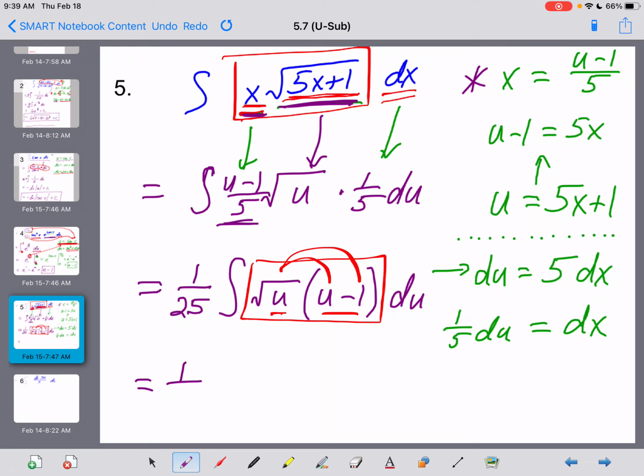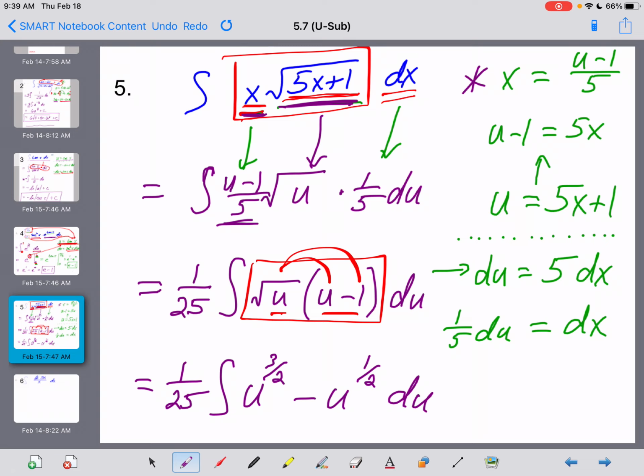So this is now going to be 1/25th multiplied by the integral of the square root of u times u, that is u to the 3/2 power, minus the square root of u times 1, which is the square root of u, or u to the 1/2 power. And we're integrating all of that with respect to u.